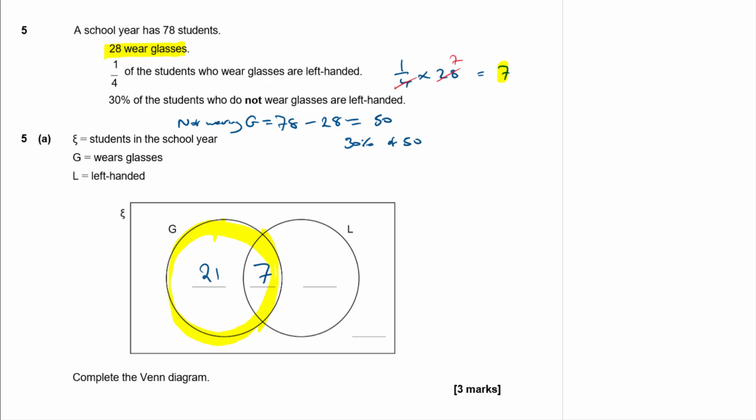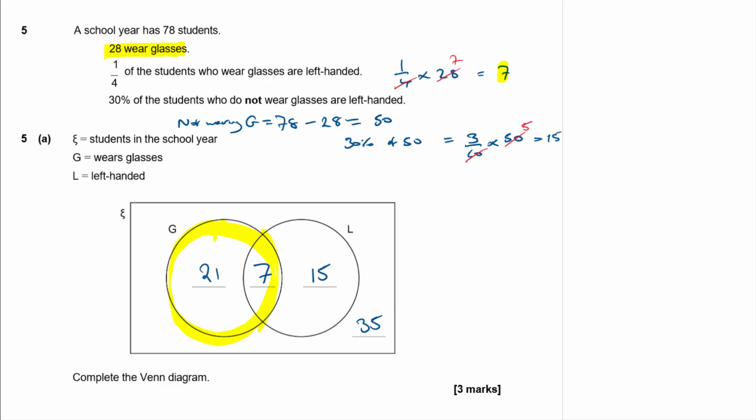Well, 30% of 50 is 3/10 of it, isn't it? 3/10 of 50. So 10 goes into 50 5 times, and 3 times 5 is 15. So that's going to be 15 people who are left-handed and not wearing glasses. So I'm going to have 15 here. So the rest of that 50, so 50 minus 15, is going to be 35 people who are not wearing glasses and are not left-handed.